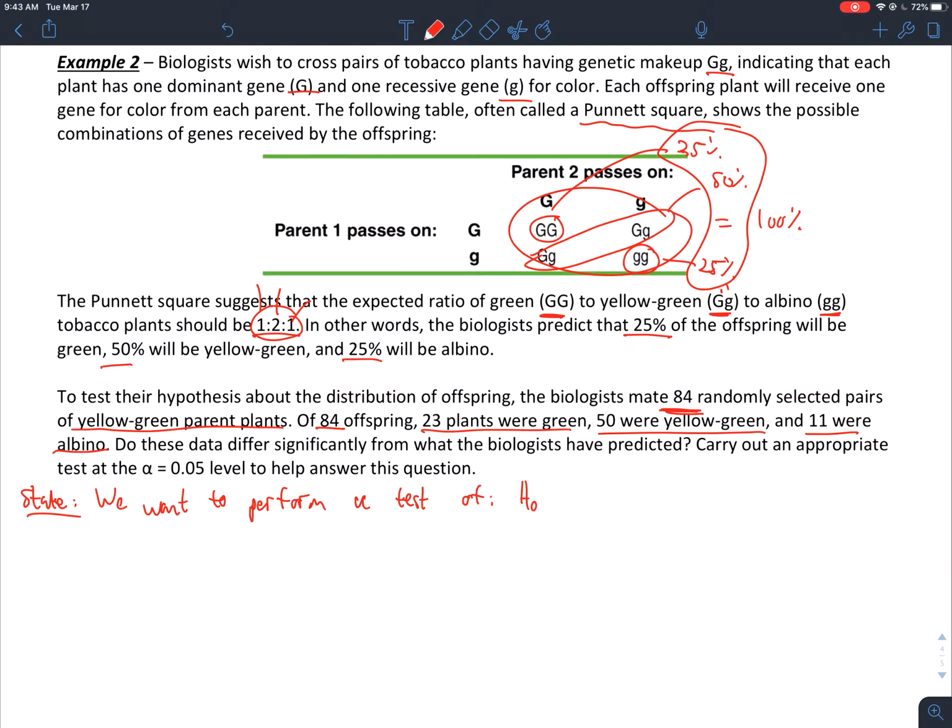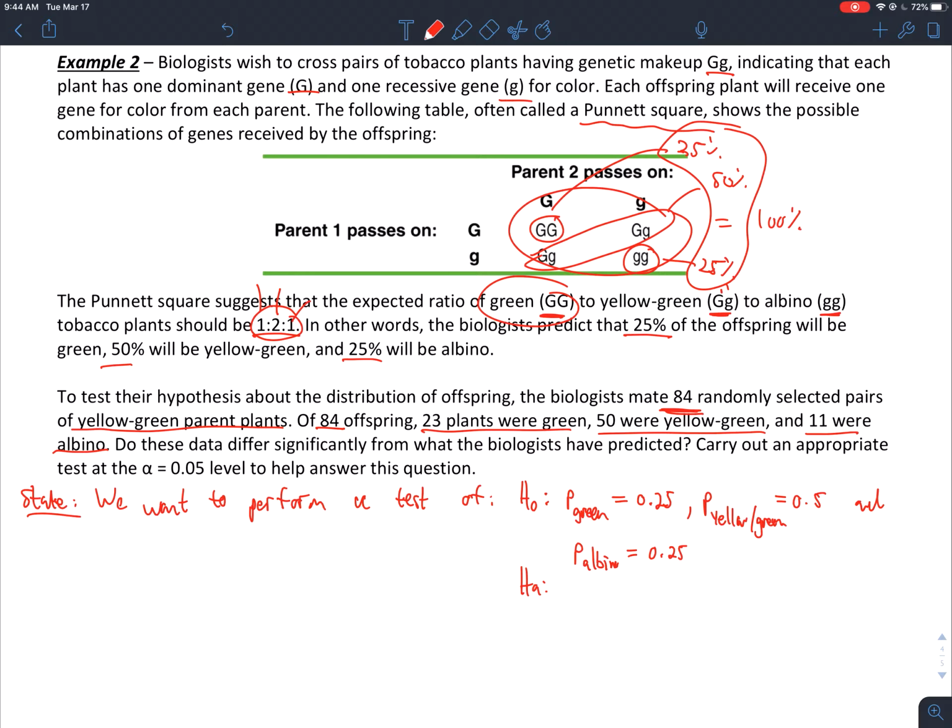Let's do the null hypothesis: P sub green is 0.25, that's this one, and then P sub yellow-green is 50%. I apologize for my ugly 5. And P sub albino is also 25%.